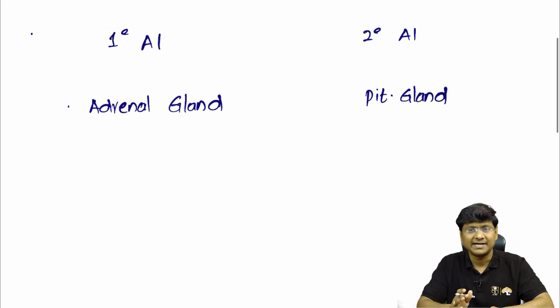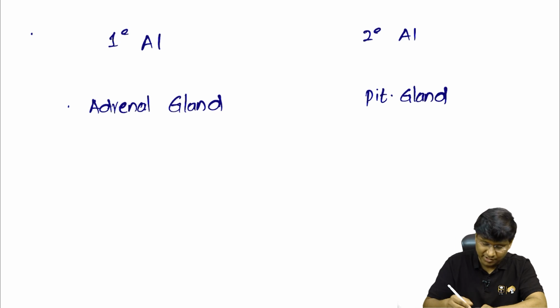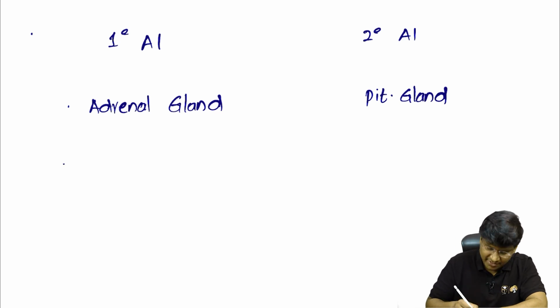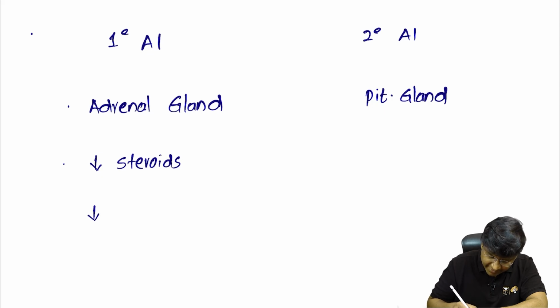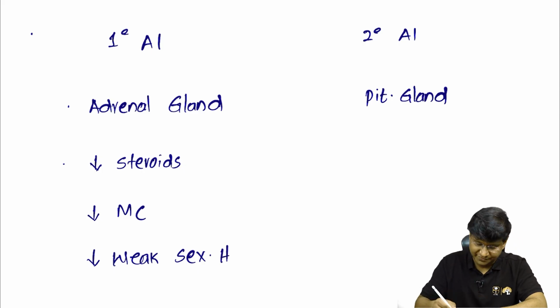Now, what exactly will be the difference in the hormonal levels between primary and secondary adrenocortical insufficiency? In primary, you have decrease in steroids. Then you also have decrease in mineralocorticoids. There is also decrease in the weak sex hormones. That is what you will observe in case of primary adrenocortical insufficiency.